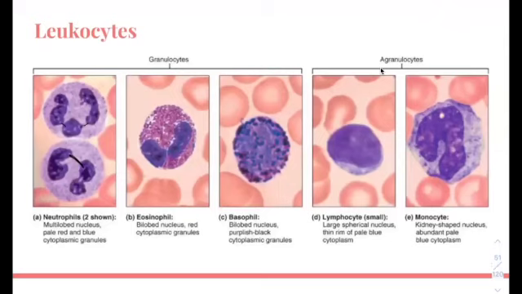So it is considered a multi-lobed nucleus. It stains red and blue. And you can see in the cytoplasm out here all these little speckles or dots; those are all granules.